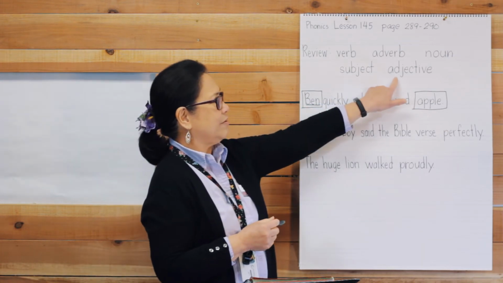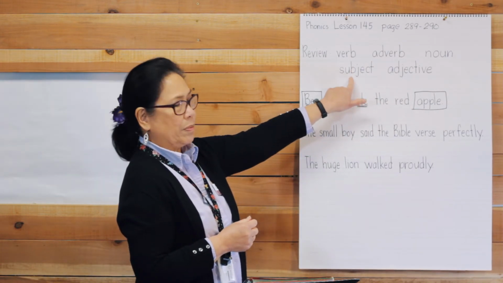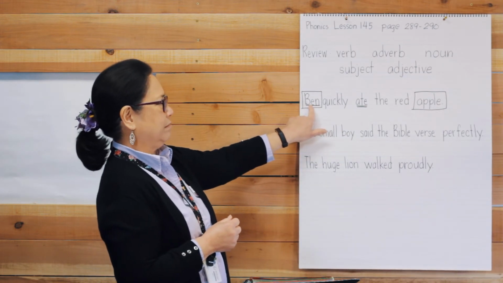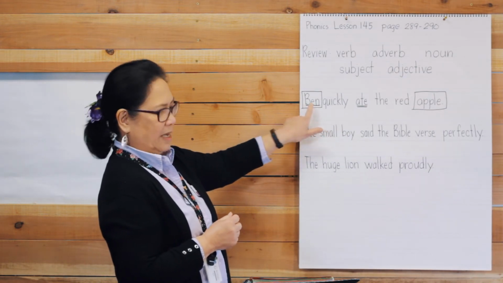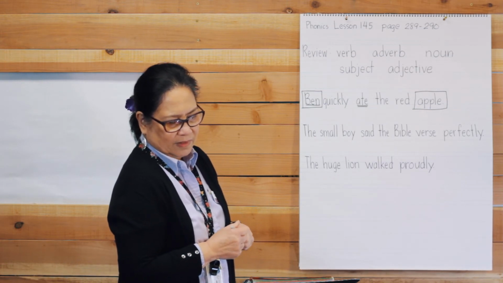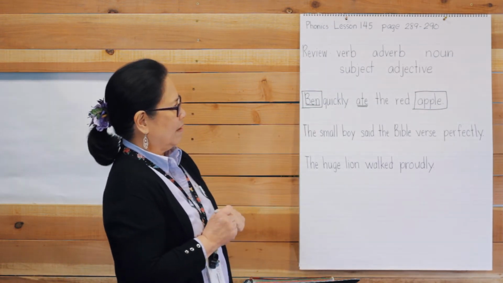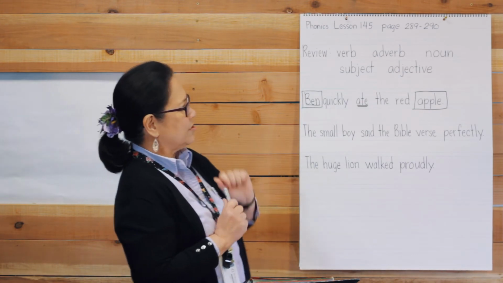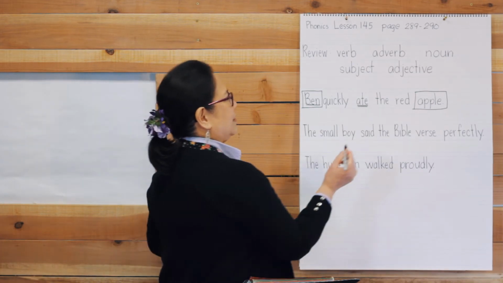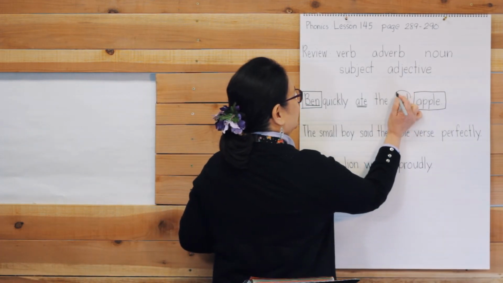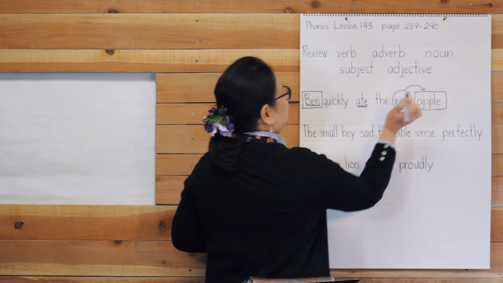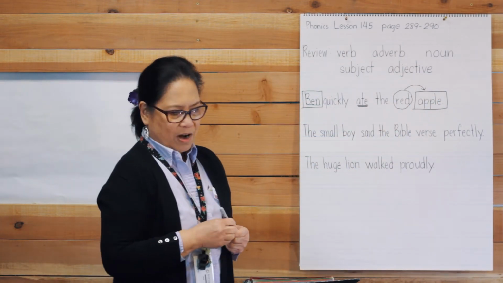Remember, the adjective describes the subject, and the subject in this case is Ben. Okay? So, is there something that describes Ben? No. Is there something that describes the apple? Yes. It is red. Circle that and draw an arrow to the noun that it describes.